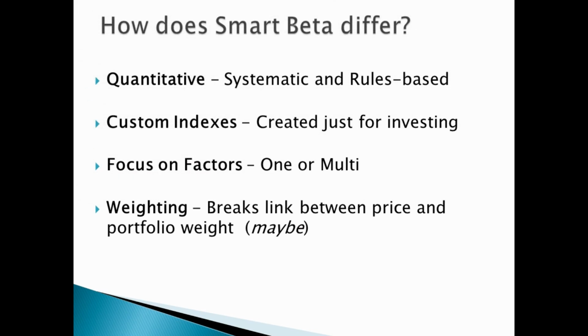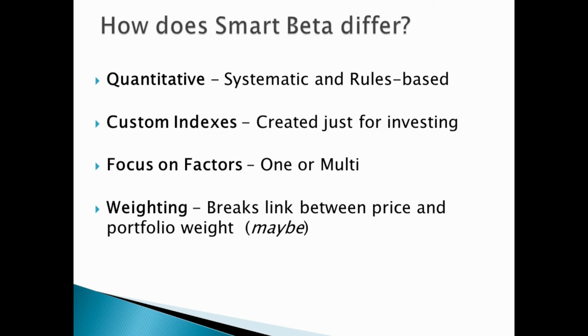So, as I said, smart beta sits between active investing and traditional index investing. So now let's just look at how it differs. One, it is quantitative. It is systematic and rules-based. So it comes up with a construction technique for the particular area that it's investing in, be it small companies or quality companies or dividend-paying companies.